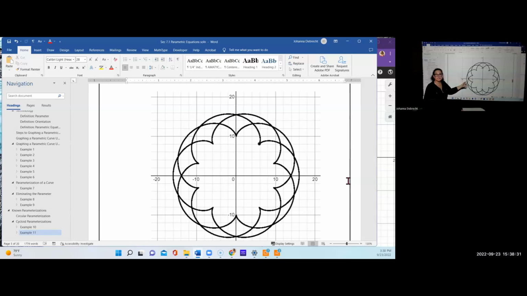And it will repeat this shape over and over again. It's not going to fill in the spaces. It's not going to become a solid black annulus or anything like that, or a solid dot. Some of them become completely solid circles, and some of them become annuli that are filled in. This one will not. It will repeat the pattern as you keep going.